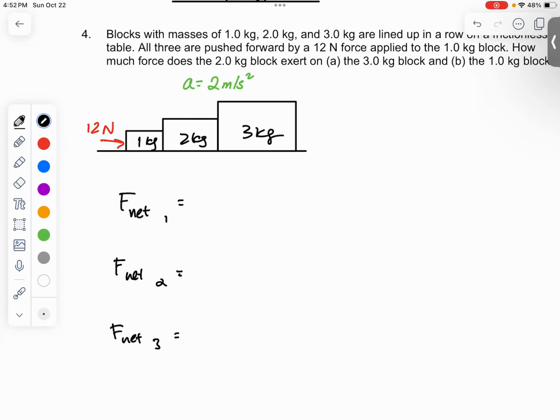Can you find out the net force individually using mass times acceleration? Pretty easy calculation, I hope.